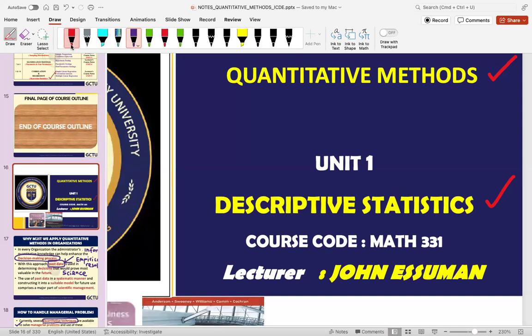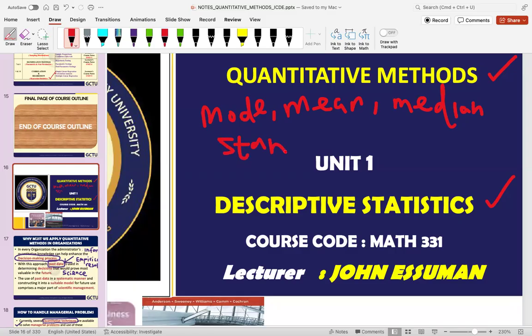I'm sure by now you've not forgotten about what a mode is, what a mean is, what a median is. And then standard deviation. If you remember all those things, good.